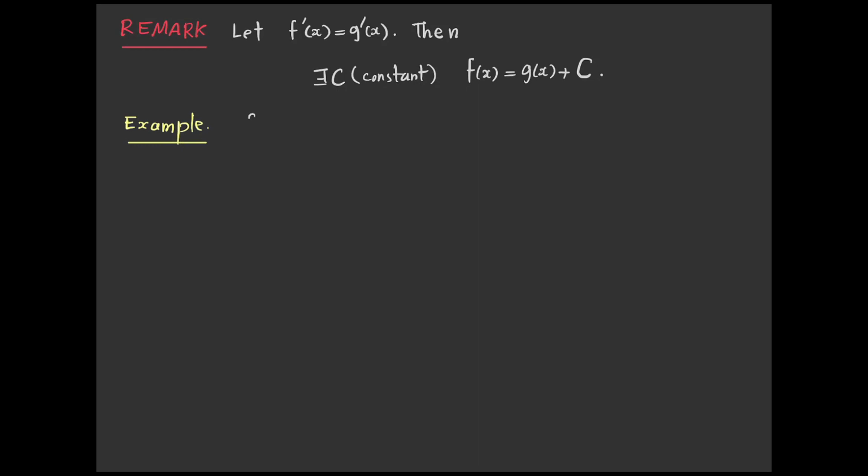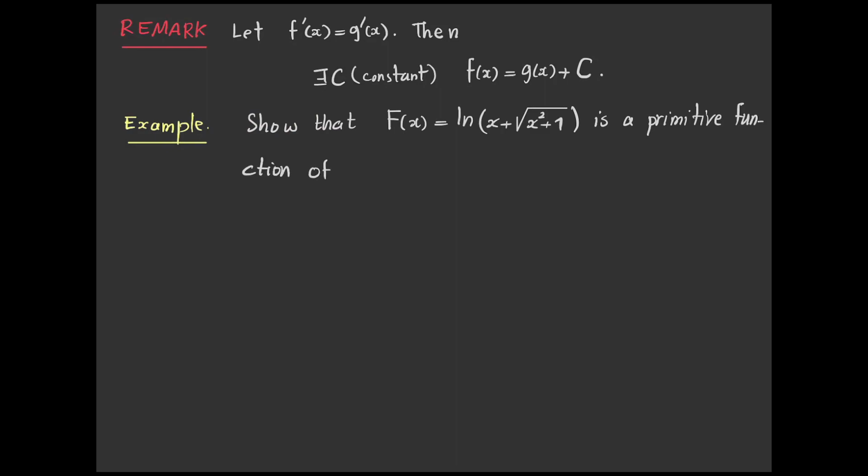I would say show that capital F of x equals ln of x plus square root of x squared plus 1 is a primitive function of f of x equals, if I remember, yeah, it is 1 over square root of x squared plus 1.